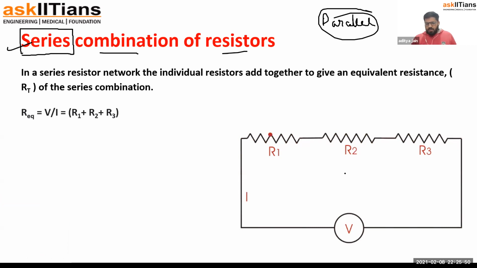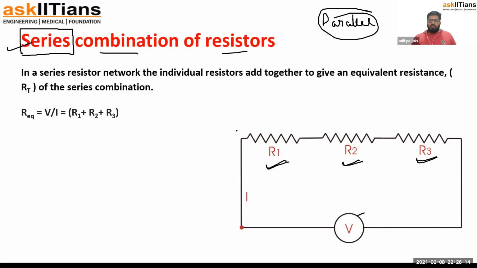Yes, you can observe this red dot is passing equally to all three resistors having resistance R1, R2 and R3. So this is basically a circuit diagram having three resistors R1, R2, R3 and a battery of potential difference V, and the current flowing is I.